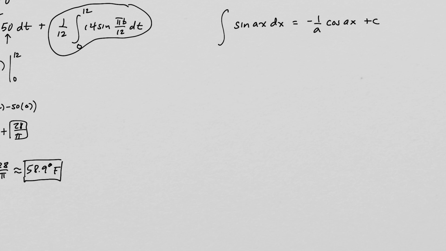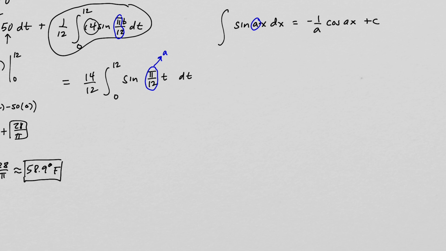This is our formula. So in this case, we have the integral 14 over 12, so I'm factoring the 14 out, and then integral from 0 to 12 sine of pi over 12 times t dt. So the pi over 12 that you see here, this is our value of a that you see here in this formula.